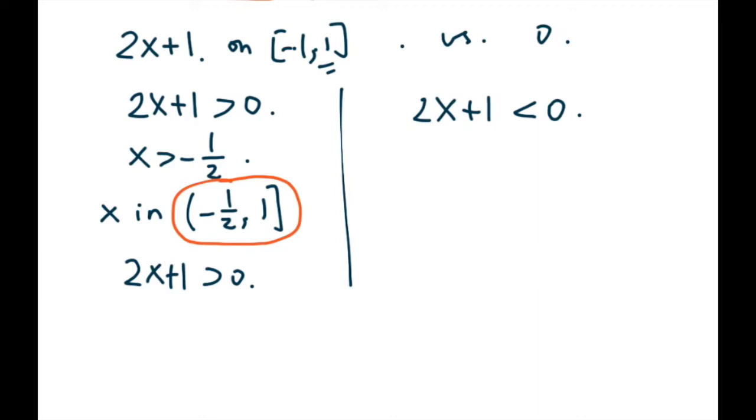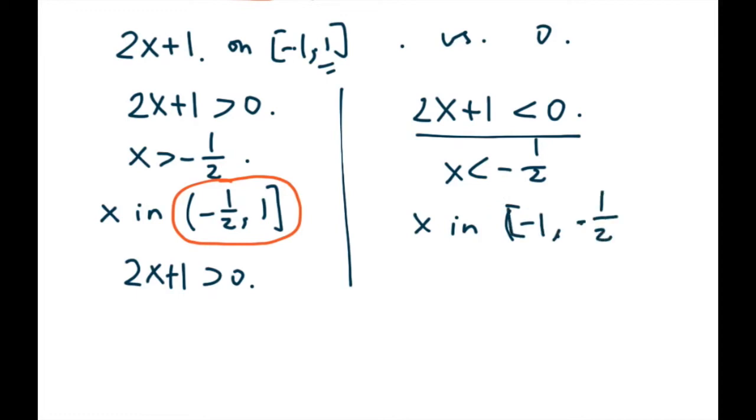And similarly, if we solve the inequality 2x plus 1 less than 0, we have x less than -1/2, and that means when x is in -1 to -1/2, 2x plus 1 is less than 0.